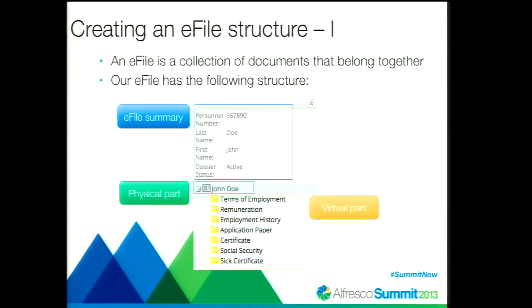They should be available in this e-file view, and we want to show this information in a structured way, again, to make it easy for the user. And such an e-file view might look like this one here. We will see it later in the live demo. On top, we have this e-file summary.